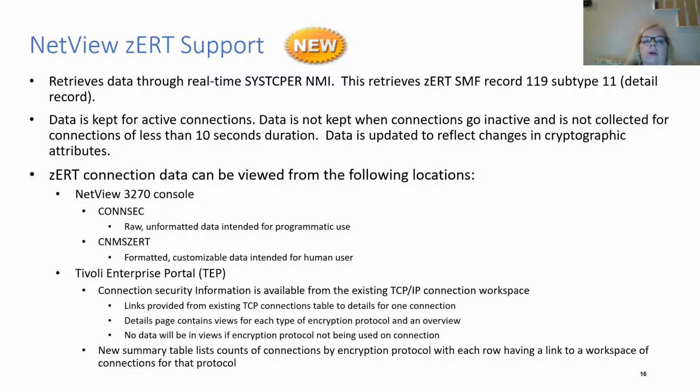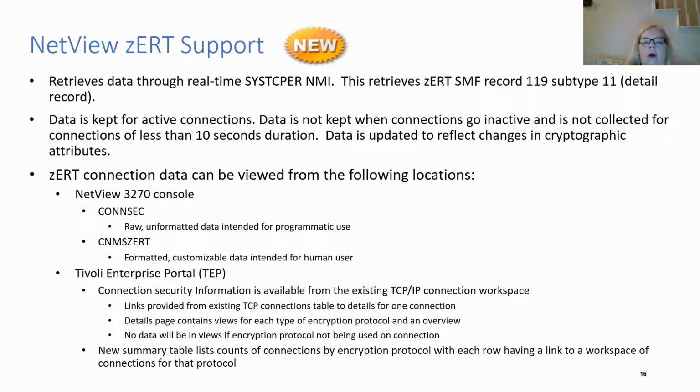So you can view the ZERT information from the NetView 3270 console. We have a new command called CONSEC. And again, that's the raw, unformatted data output for programmatic use. And then we have a sample very similar to TCPCONN called CNMS ZERT, which is the customizable formatted output. We have new workspaces in the Tivoli Enterprise Portal.